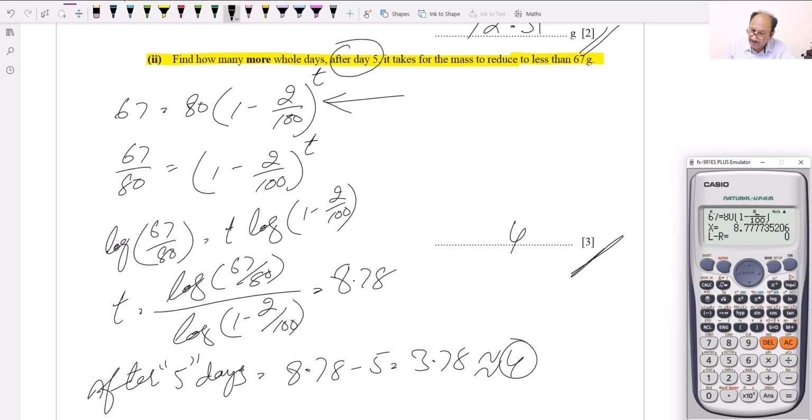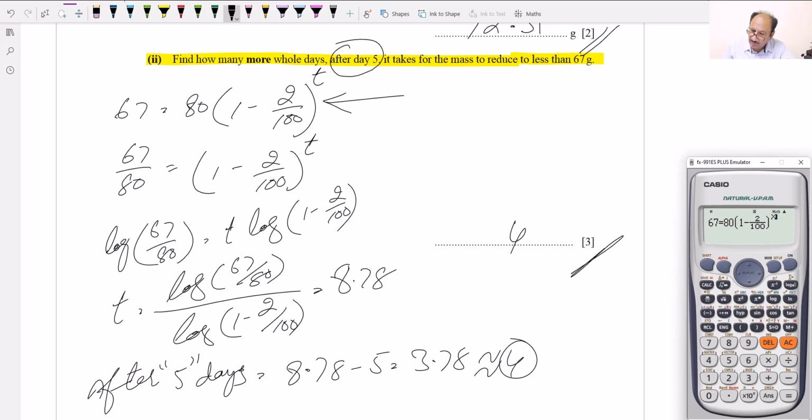Again, if I explain this, this is the number which we have typed. I'll show you again. 67 is equal to, we will be using alpha and this equal to button, then 80 and bracket, then this will be 1 minus 2 over 100 and bracket close, and this will be raised to the power alpha and x.